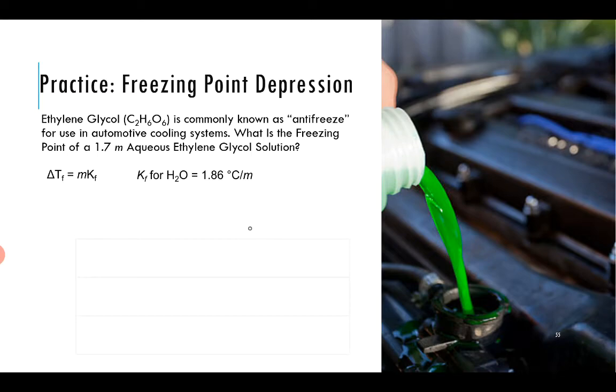What is the freezing point of a 1.7 molal aqueous ethylene glycol solution? We're told the equation for the freezing point depression, and we're told that the freezing point depression constant Kf for H2O is 1.86 degrees Celsius per molal. Pause the video and try to work it out on your own.